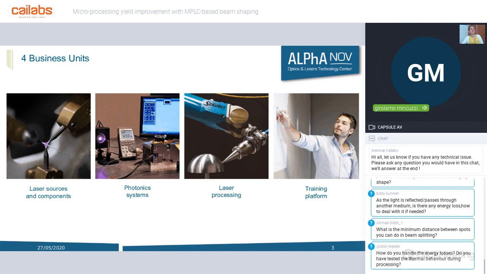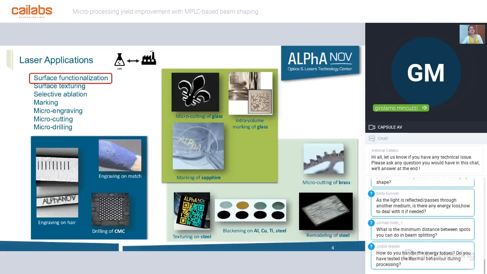What we do in the laser processing department is that we have a large and vast know-how on laser processing of every kind of material: transparent materials, metal, and also, as you can see on the left side, composite material or biological material.